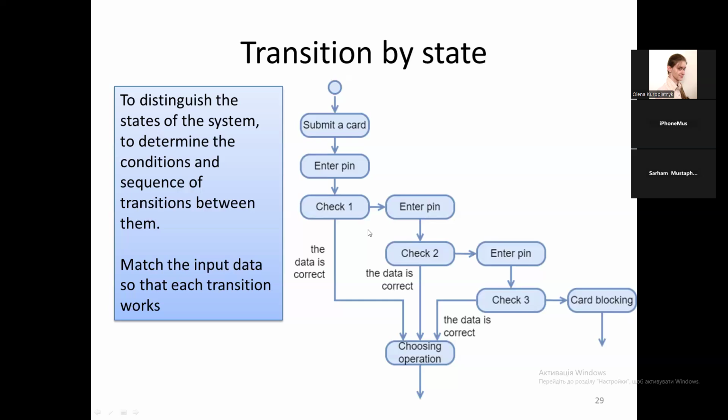In this case, we have a correct PIN on the first entering, and incorrect, correct, incorrect, correct, incorrect. For the system, we need 1, 2, 3, 4, 5 successes.